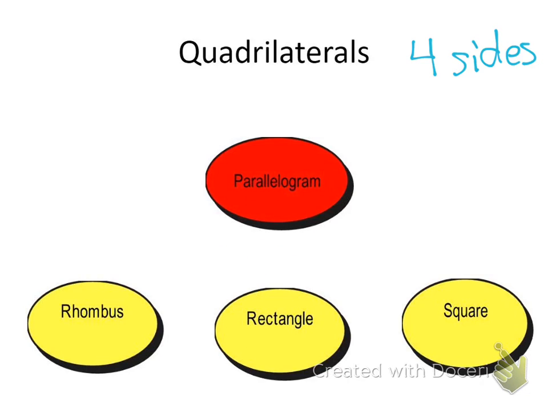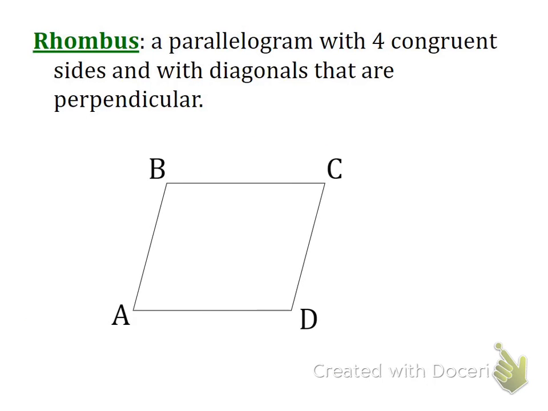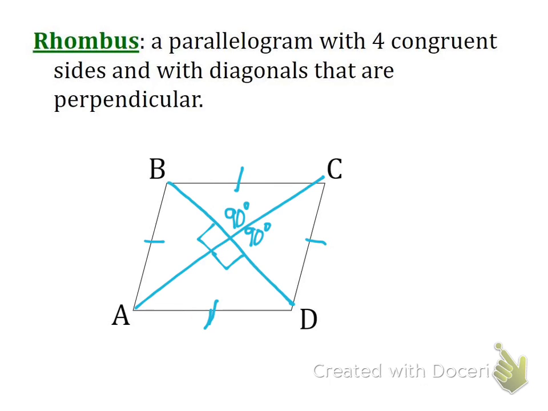So first we're doing a rhombus. A rhombus is a parallelogram with 4 congruent sides and with diagonals that are perpendicular. So all of the sides are going to be congruent. Then the diagonals are going to form 90-degree angles, or you could do the box, like right angles.